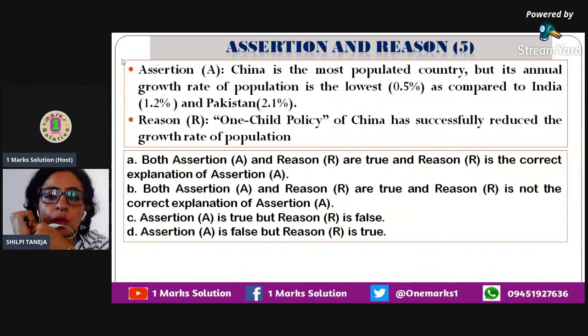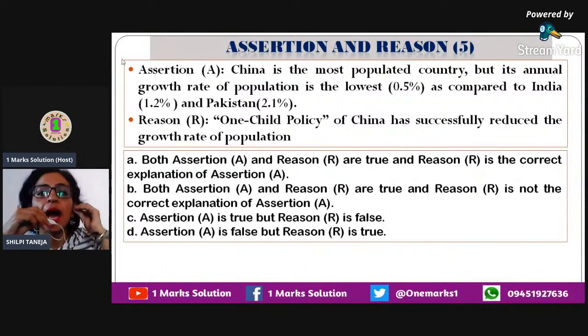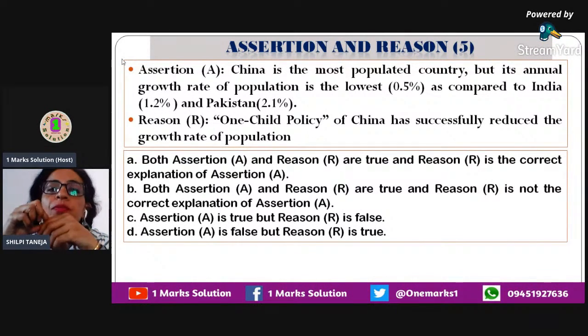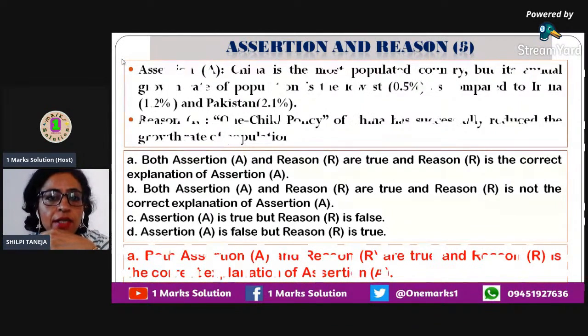The population growth rate is lowest in China, which is only 0.5% as compared to India, which is 1.2%, and Pakistan, which is 2.1%. So this statement is true. Reason says one child policy of China has successfully reduced the growth rate of population, which is a basic reason I just told you. So reason is the correct explanation of assertion. We will go for option A in this, right?